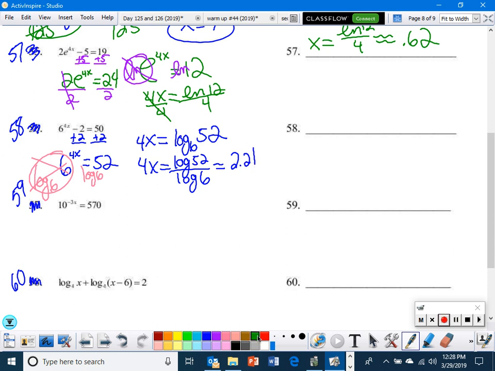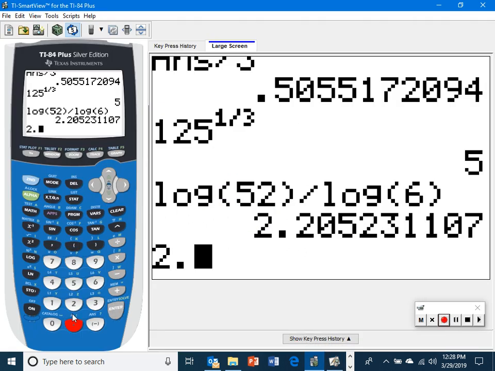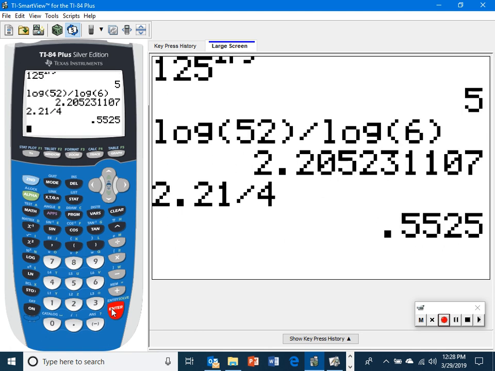And then we're going to divide that by 4. So about 0.55.